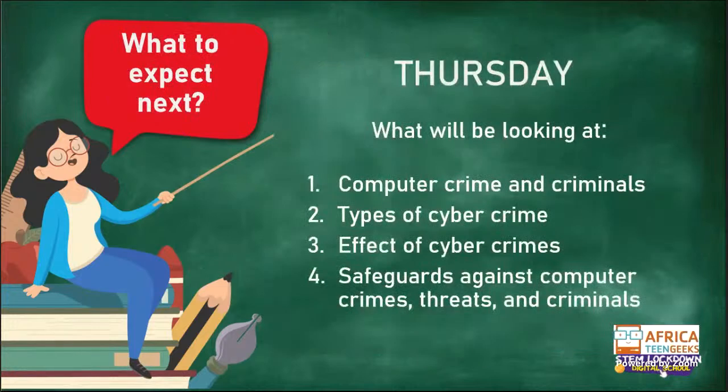Then for tomorrow, we are looking at computer crime and criminals, and then types of cyber crime, effects of cyber crimes, and then how do you safeguard against computer crime threats and computer criminals? There is cyber terrorism these days. How do you safeguard against it?